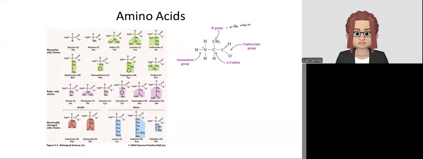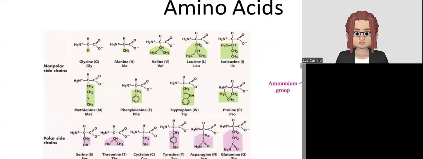The important thing to note about amino acids is that those R groups can categorize the amino acids into different groups. So when we look closely at this image, we can see that amino acids can be categorized as nonpolar. And when we observe closely at the nonpolar side chains, which are highlighted in green, most of them are hydrocarbons.